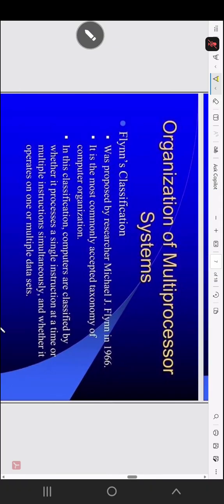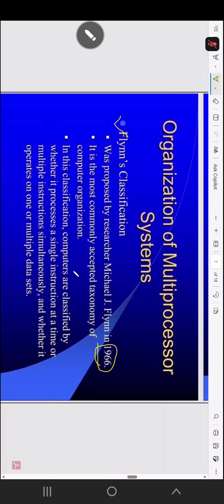And next one is Klein classification, organization of a multiprocessor system. Klein classification was proposed by researcher Michael J. Klein in 1966.